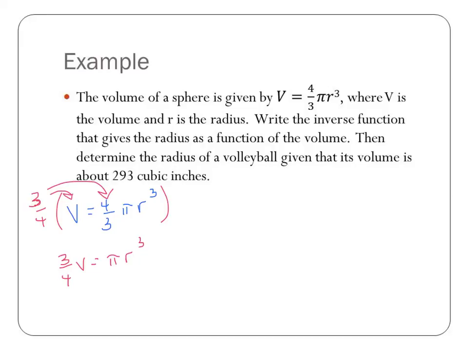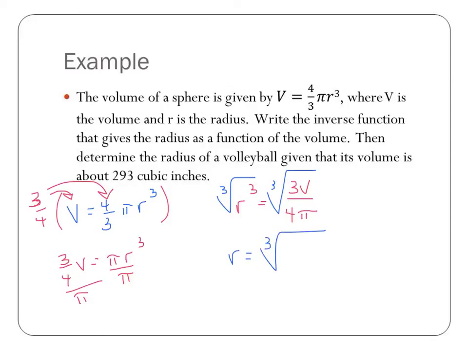And then we're going to divide by pi. And that puts pi on the bottom, so you're going to have r cubed equals, I would write it 3V over 4 pi, because it goes on the bottom. And then finally, cube rooting both sides to get rid of that cube. So we're going to have the cube root of 3V over 4 pi. So there is the inverse function.